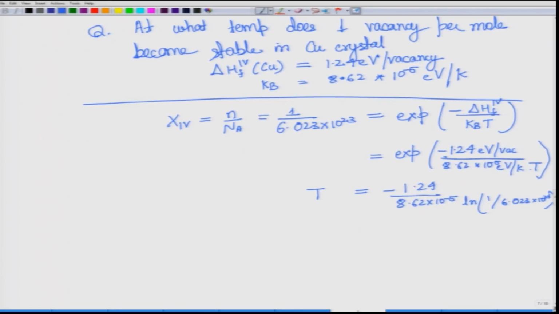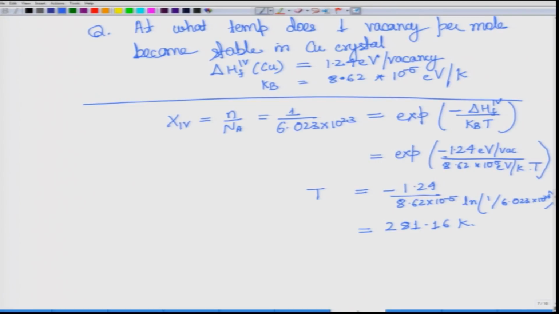And when you solve this, you would see that this value comes out to be 281.16 Kelvin. So, a little above 0 degree Celsius. 273 is the 0 degree Celsius. So, it is just 8 degrees above that. So, around 8 degrees Celsius, it is saying that given this delta HF, you will have this vacancy concentration.